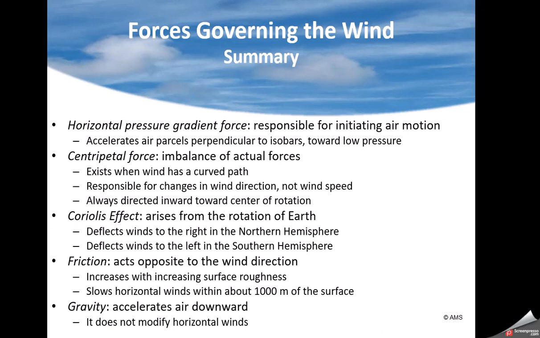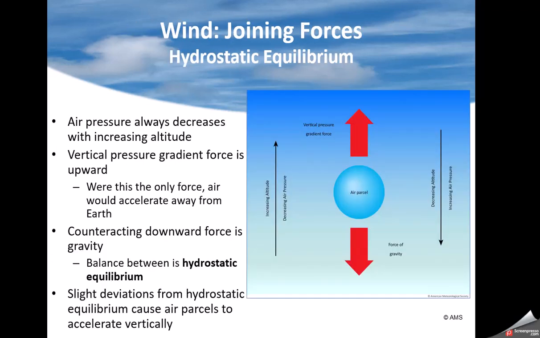So now we've talked about horizontal pressure gradients, centripetal force, Coriolis, friction, gravity. So let's start simple. Why on earth does not all the air come rushing down and crashing into us at the ground all the time? Well, remember there's a pressure gradient in the vertical, a pretty steep pressure gradient.